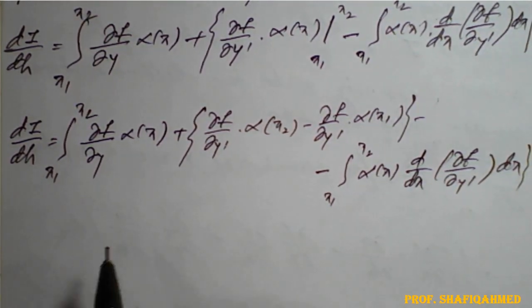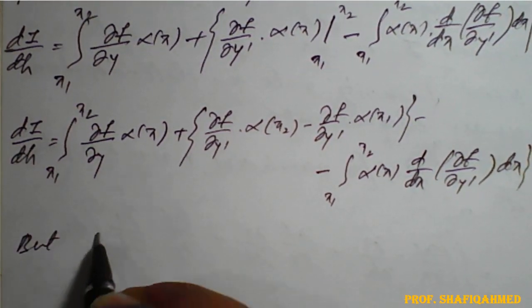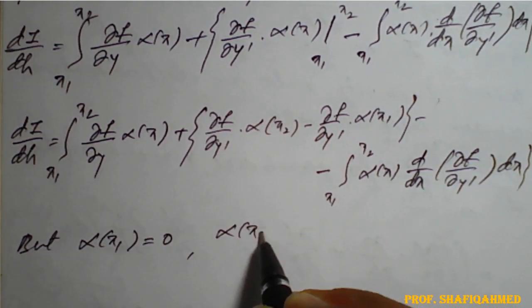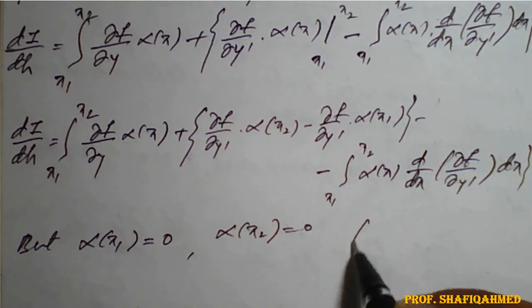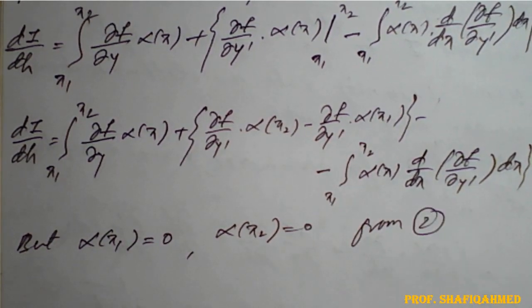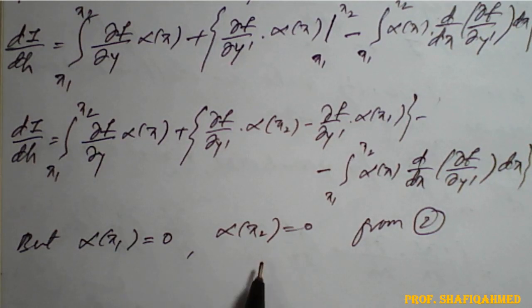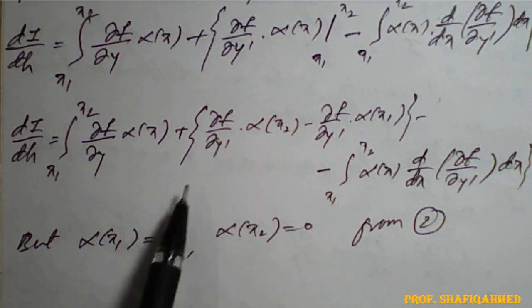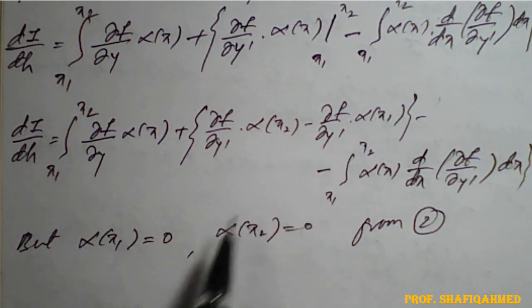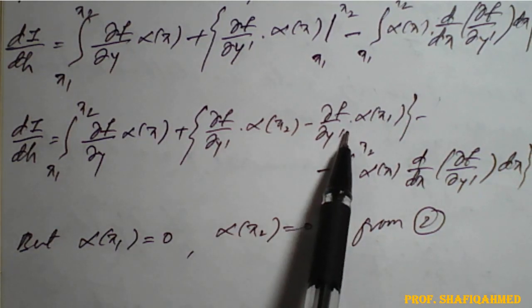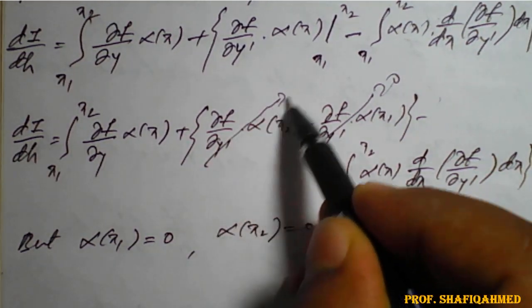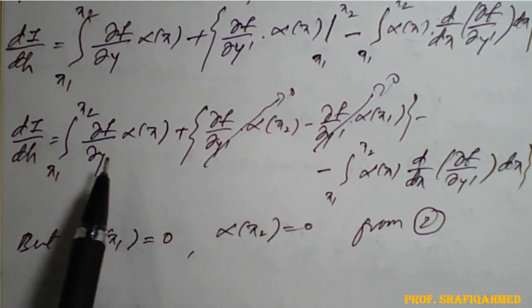Now we know from equation 2 that alpha of x1 is 0 and alpha of x2 is also 0. So alpha of x1 is 0 means this part will vanish, and alpha of x2 is also 0 means this part also vanishes. 0 minus 0 is 0. So what happens here?